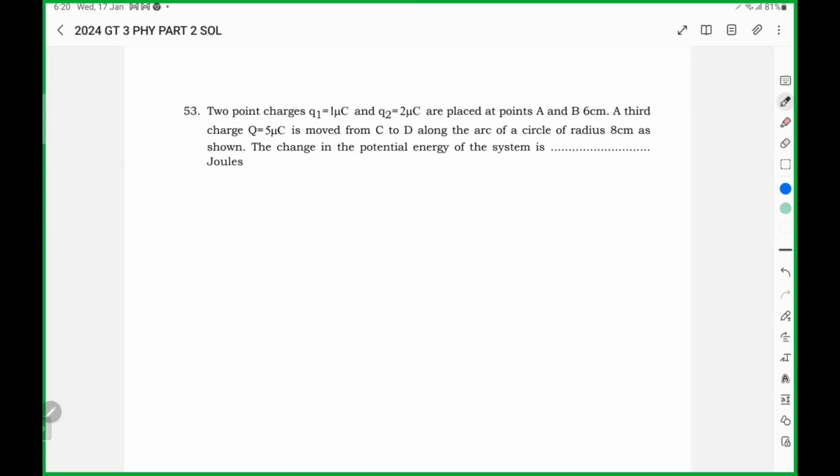The 2 point charges Q1 and Q2 microcoulombs. The diagram seems to be missing.